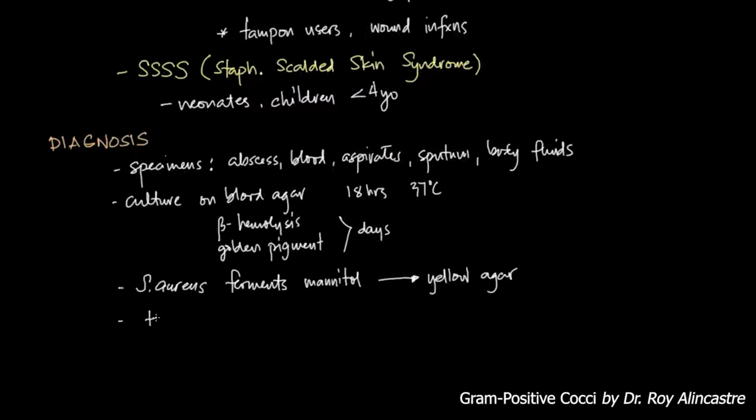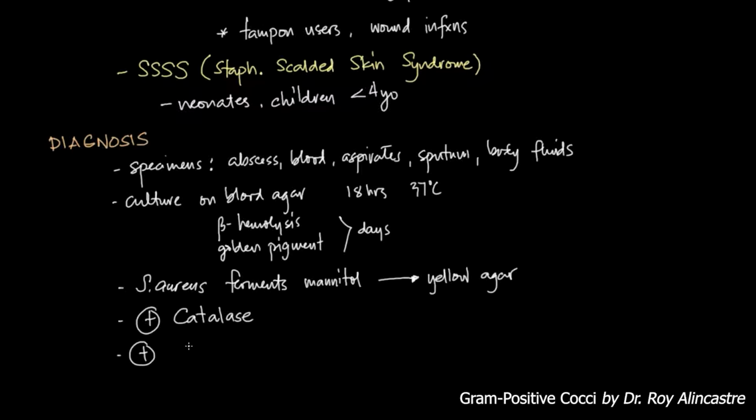The catalase test is used to differentiate staphylococci from streptococci. A positive result is the formation of bubbles. If there is formation of bubbles after the test, it means the bacteria are staphylococci.